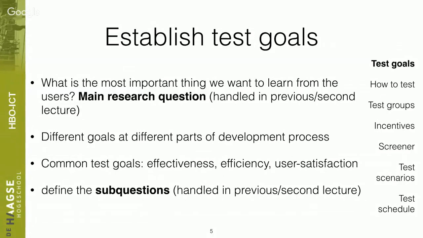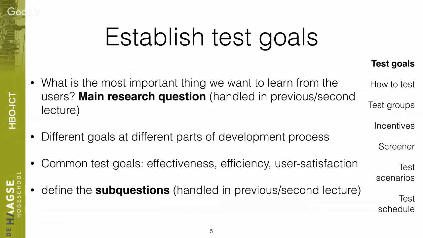You really focus on one thing you want to test in this experiment, and at this moment in development, what is the most important thing you want to learn from the users? Then this one specific thing will be your main research question, which we handled in the previous lecture. Okay, so I'm not going to go over how to make research questions.